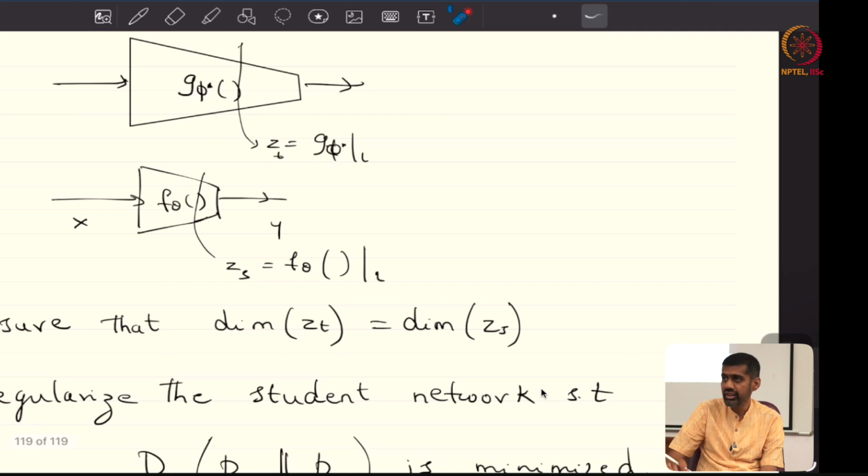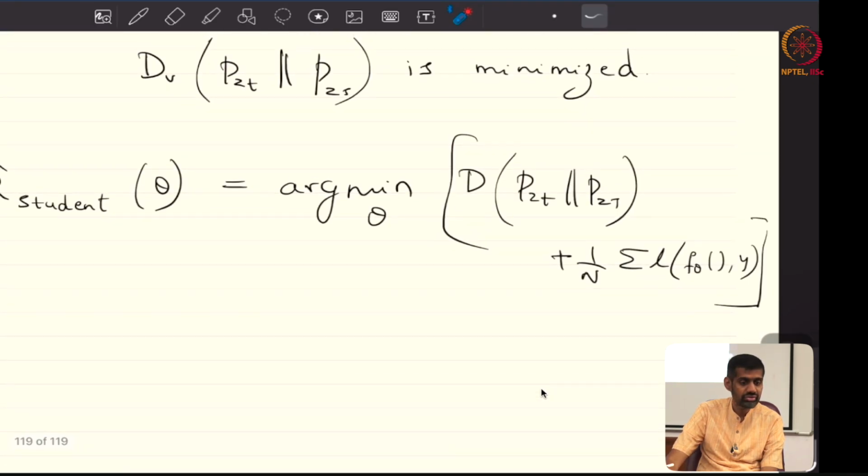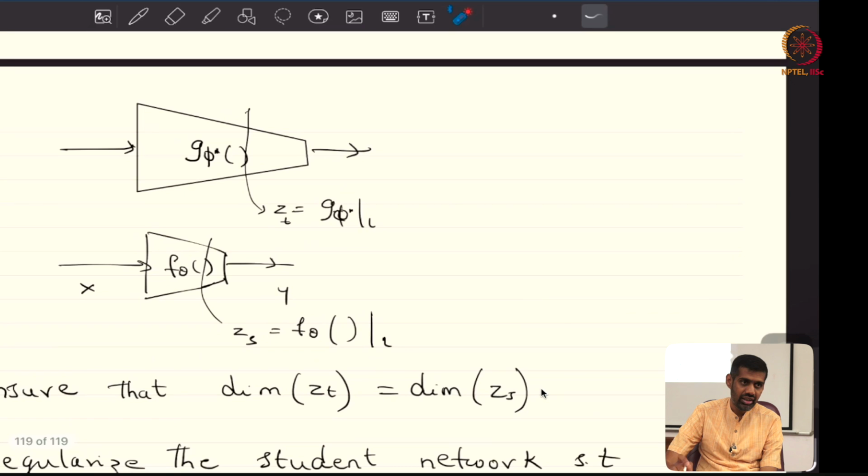Okay, fine. We said that for estimating P_Z_S, we sample some samples from the original training data of the teacher model. You have to do it for both. So you take some data, do a forward pass through the pre-trained teacher network, and collect a few Z_Ts.